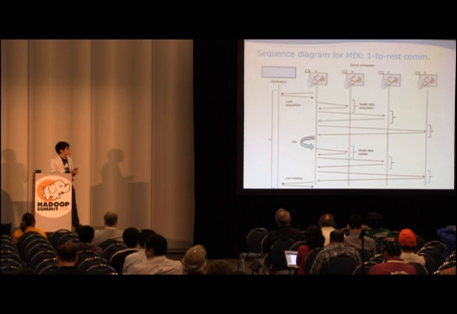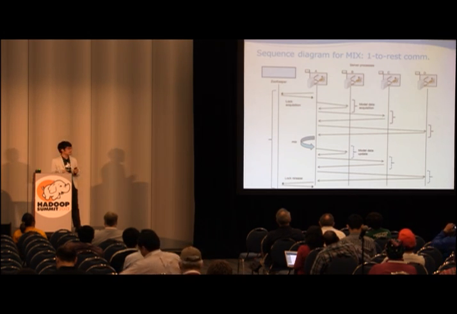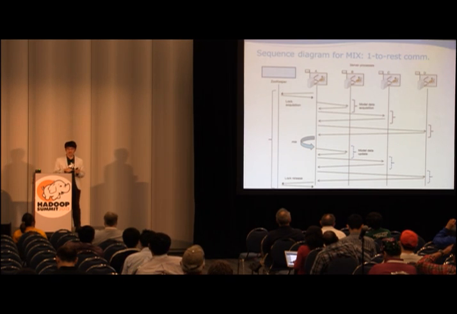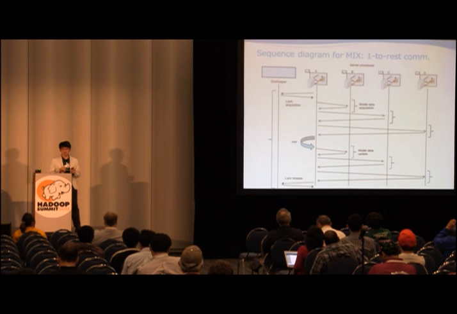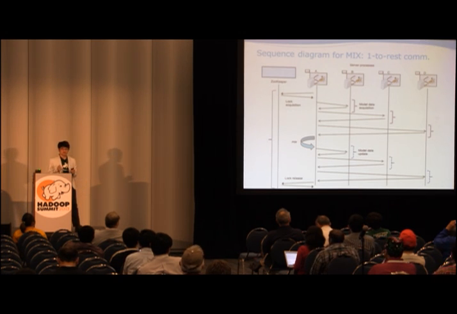And this is a sequence diagram for mix operations. In this case, we use linear mix operations, with one-to-rest communication. In the beginning of the mix operation, here we have 4 servers, and we randomly choose the parent of the mix operation.